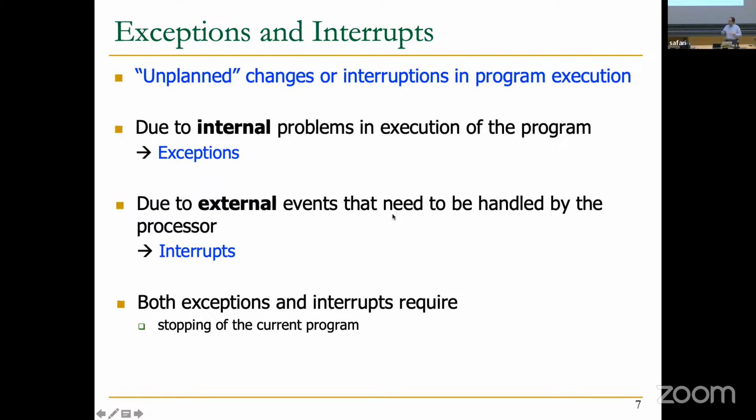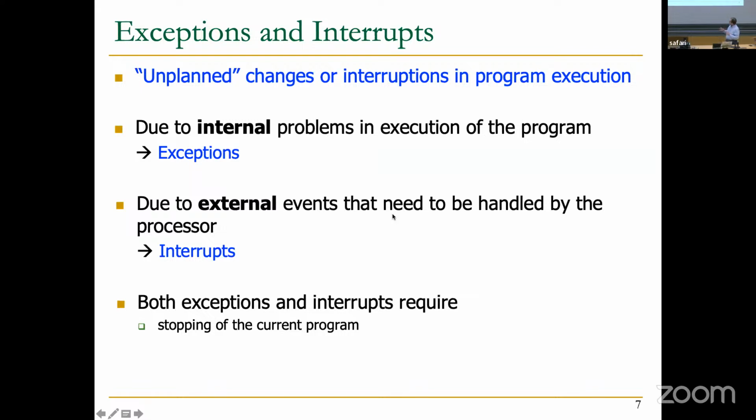Let me give you some examples. We're going to see more examples of exceptions in the next slide, but division by 0 is one exception. For an interrupt, whenever you get an input from an I/O device, for example you press a key on your keyboard, this key should be processed by the processor. That's considered an interrupt: whatever the processor is doing should be interrupted in order to service that request. We're going to see more examples later.